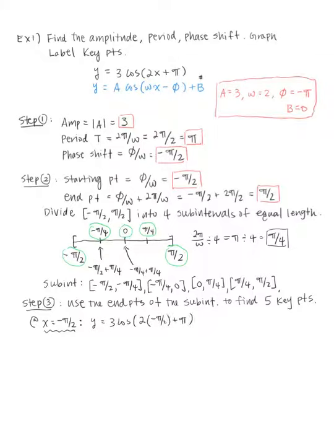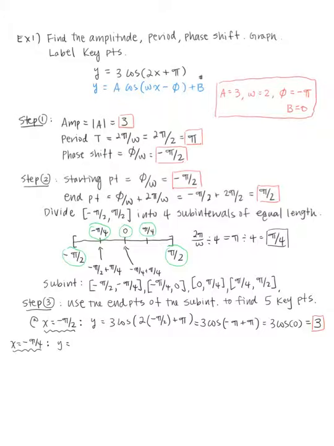That would be negative pi plus pi, which is 3 cosine of 0. Now cosine of 0 is 1, so our answer is 3 times 1, which is 3.